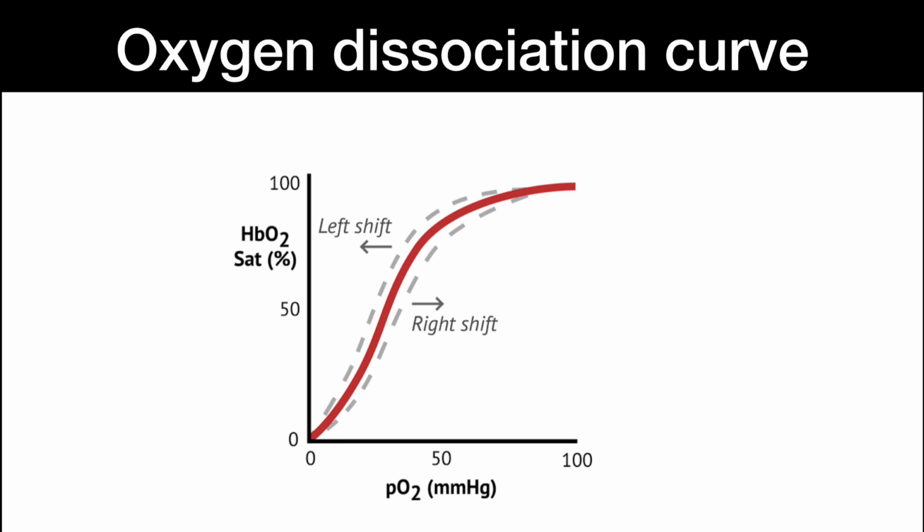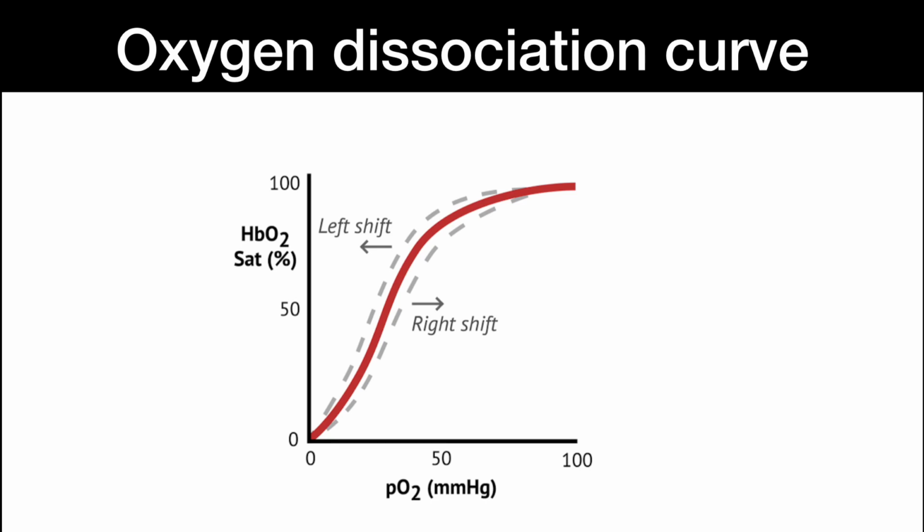This is a sigmoid saturation curve, which reflects the relationship between PaO2 and SaO2, as we have discussed two slides behind. The curve is sigmoid because each oxygen that binds to hemoglobin increases the attraction of hemoglobin to more oxygen, which means the affinity for oxygen keeps increasing until it reaches full saturation.